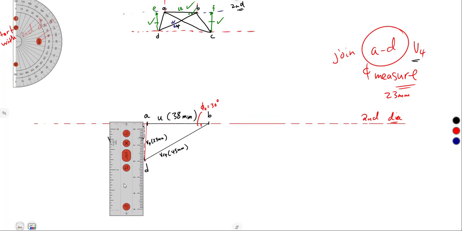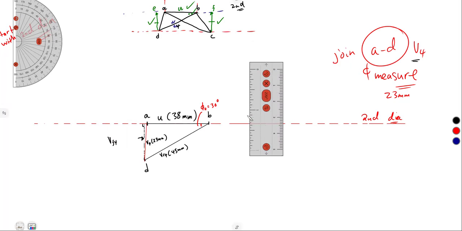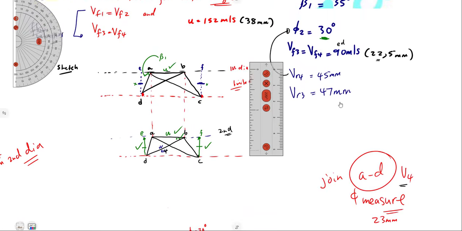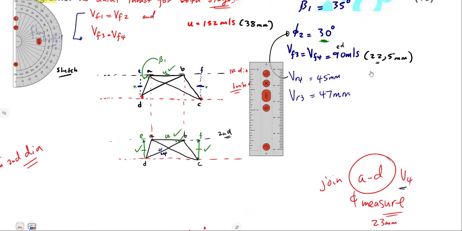And you measure it. So you measure that well, VF4, which is actually this one. It is going to be exactly the same as what we had. Remember, we said here it is 22,5.